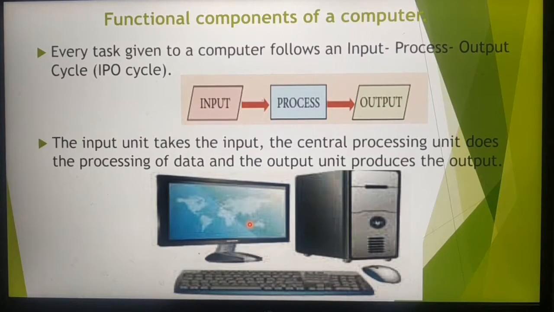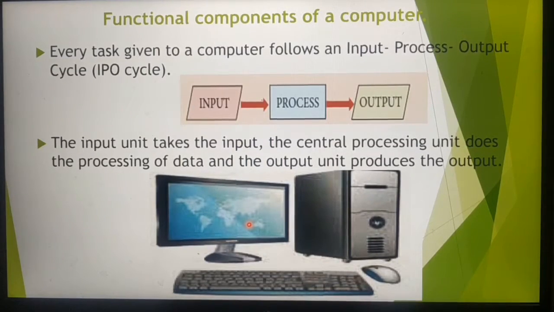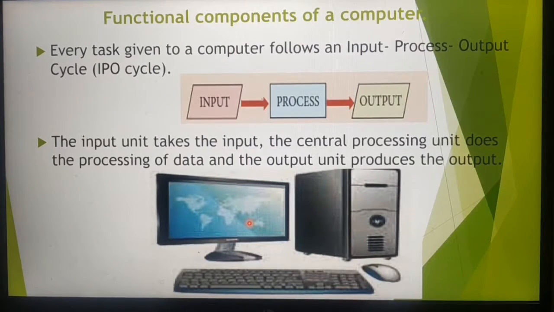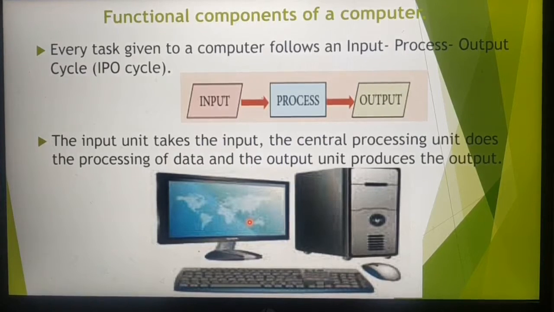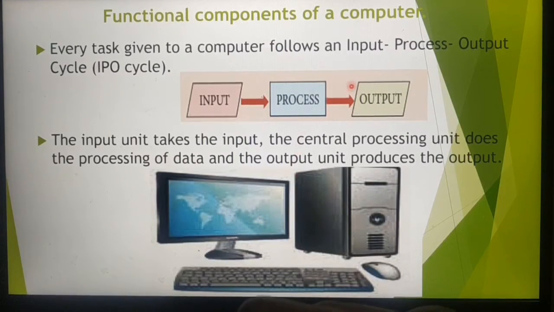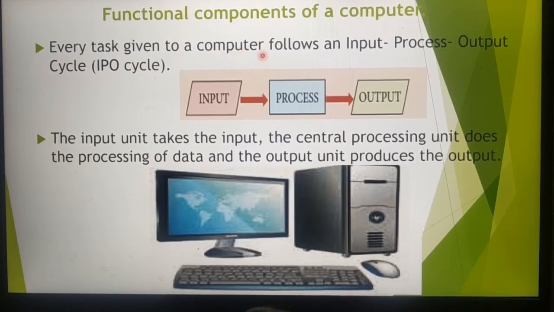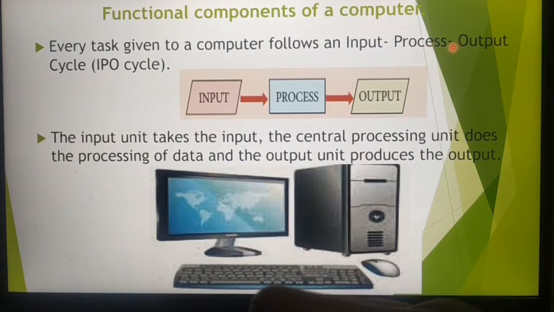Next we can see the functional components of a computer. We all know every computing device must have three important things: one is input, second is process and third is output. So every task given to the computer follows input, process and output, which cyclic process is called the IPO cycle.